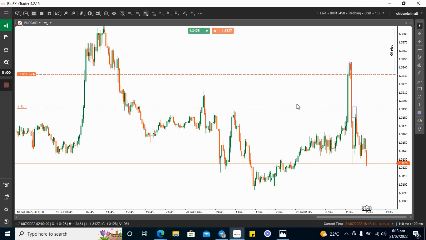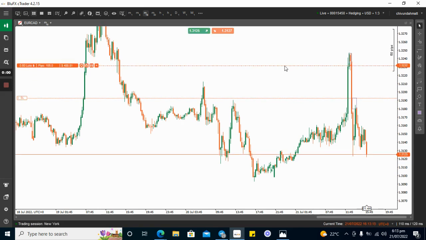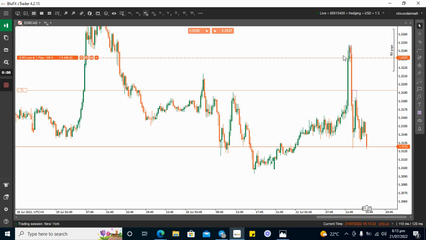I've locked in already about 180 pips. So far the market has dropped over 108 pips, giving me about $488 in profit so far, because I was using a lot size of 0.6. So that's how this trade was, and so far it's moving beautifully.